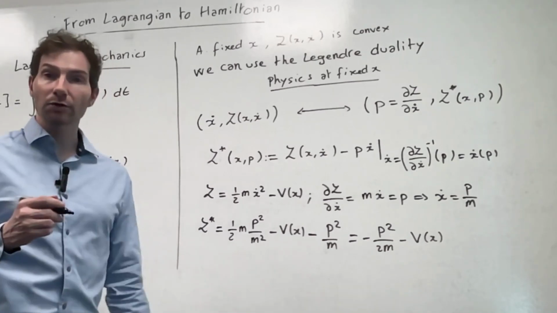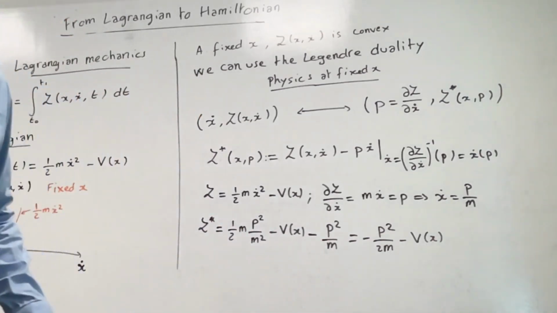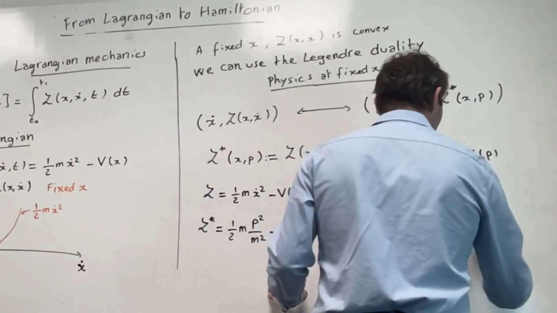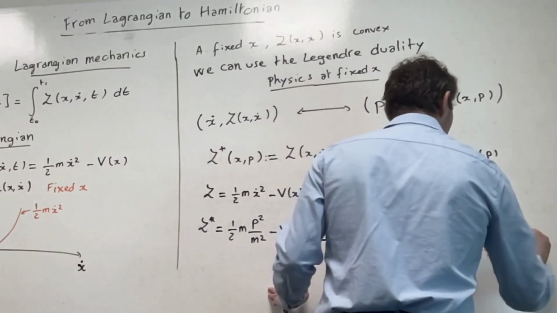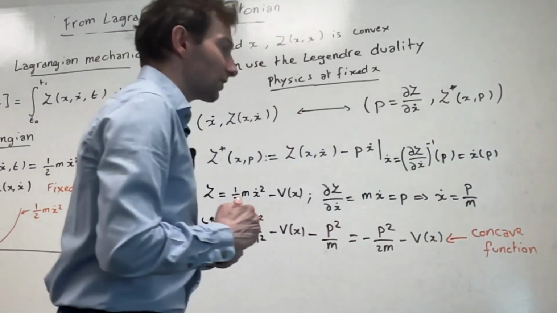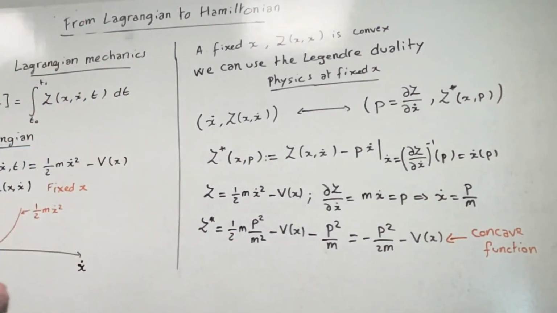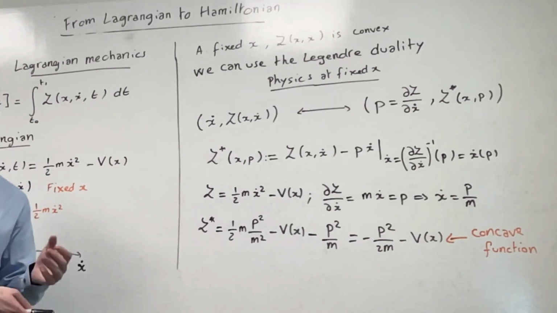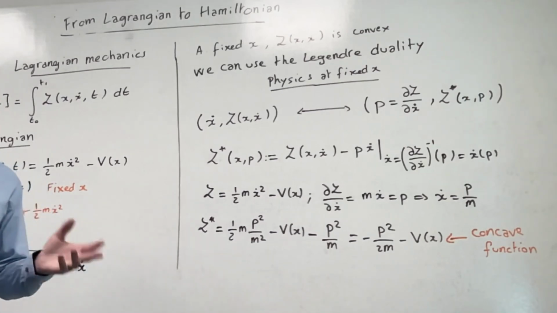What people do then is remark, as we've done before in the previous video, that this is actually a concave function, and what people would like is to have a convex function. The Lagrangian was convex, curved up like this. So we want the dual function to be convex by convention. It's not an obligation, but by convention.